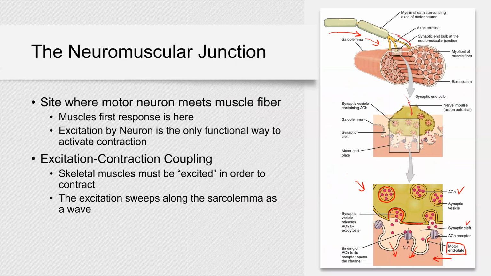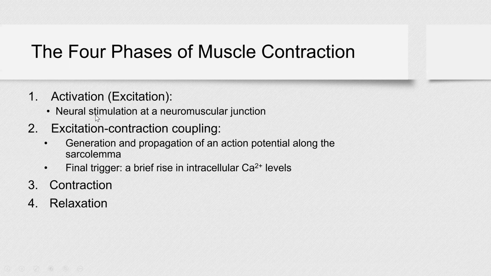Because let's go back over here for a second. So we need activation, right? We had neural stimulation at the neuromuscular junction. Then we have generation and propagation of an action potential along the sarcolemma. So we move from one electrical signal traveling through the neuron, it reaches this gap, the synapse. Acetylcholine, a neurotransmitter, is released, and it causes an action potential to be generated along the sarcolemma.